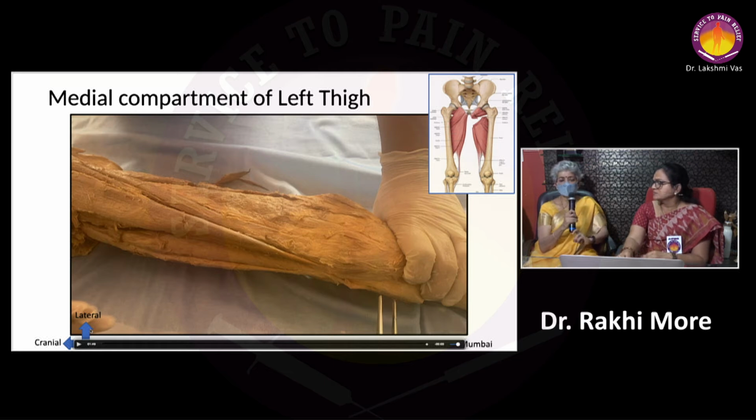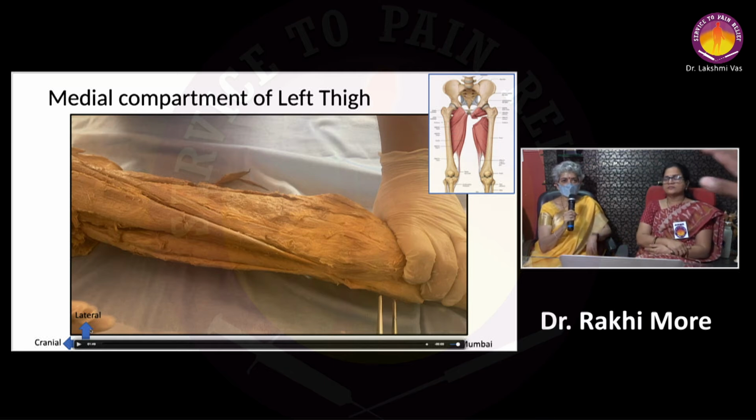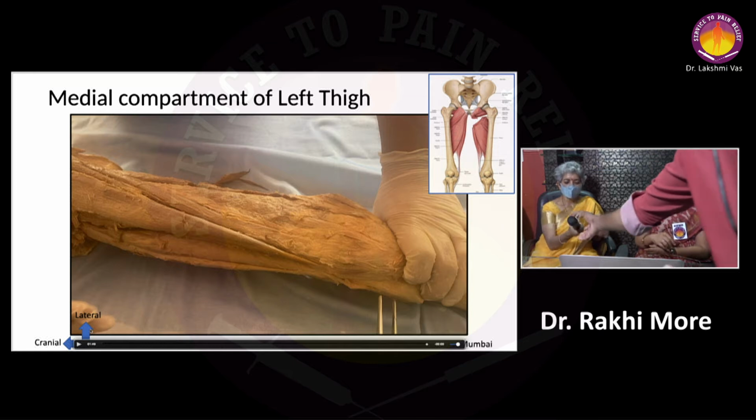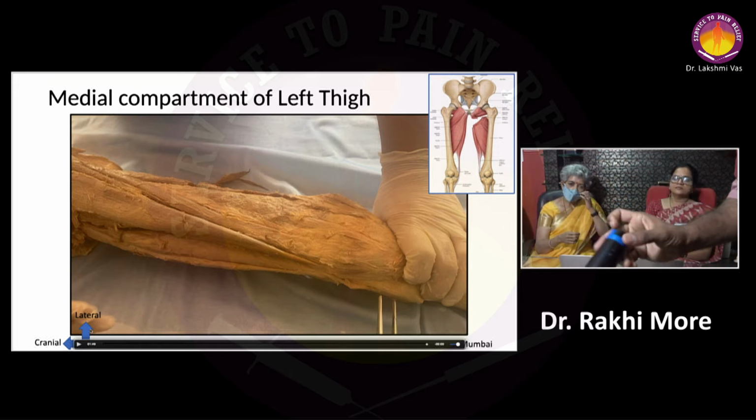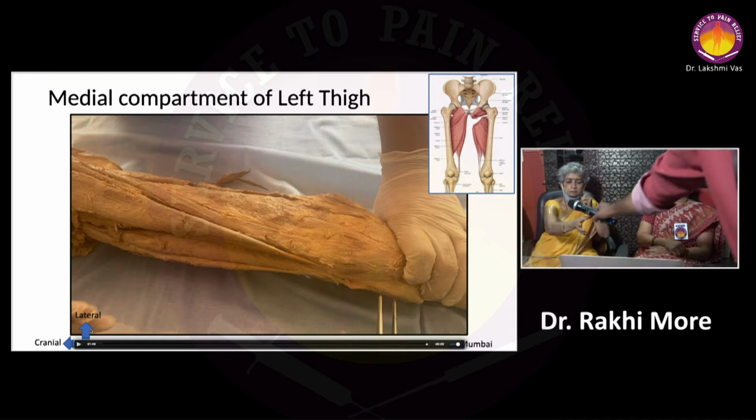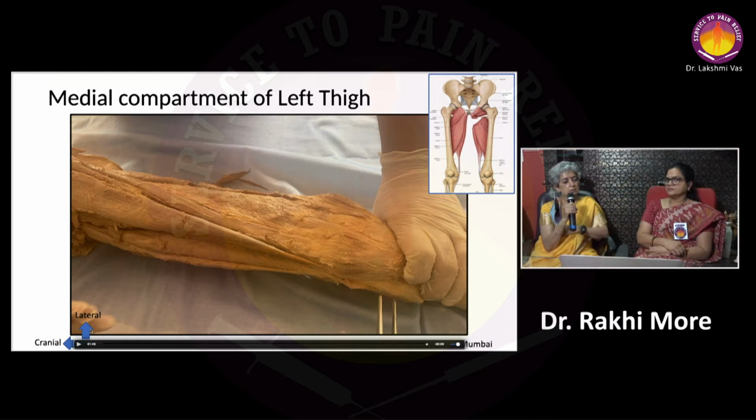I have already spoken about the importance of adductor magnus in back pains, and in maintaining posture, stance and stability. So this is a very important muscle for back problems.